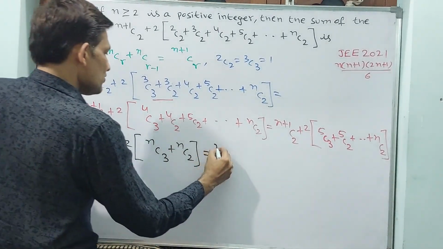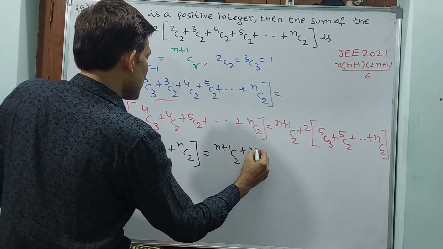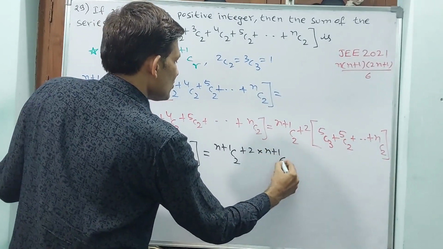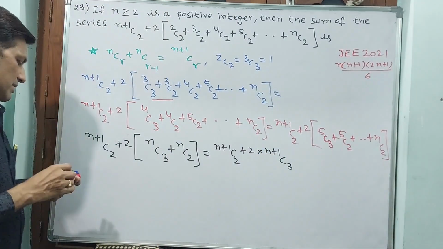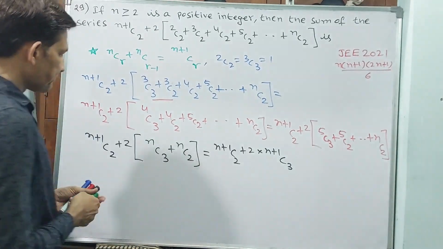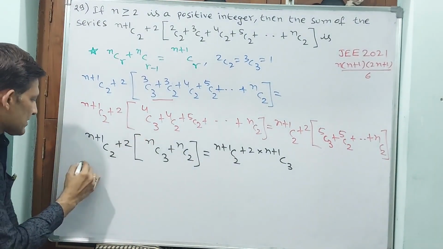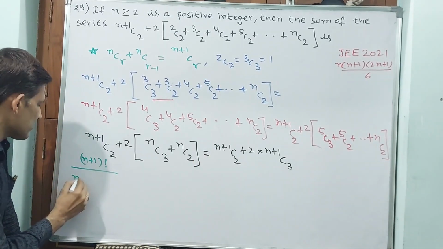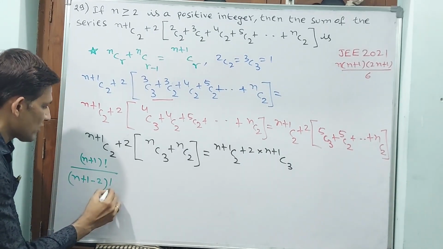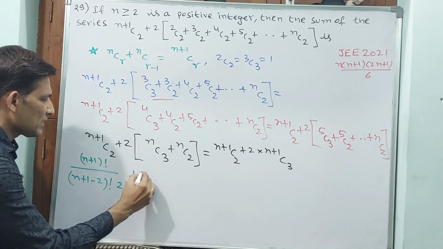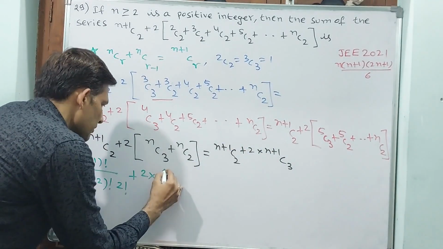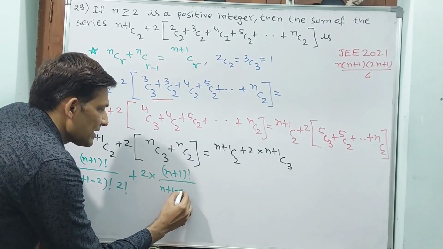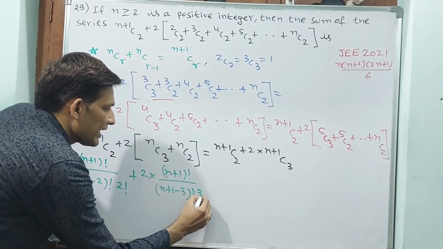That is equal to (n+1)C2 plus 2 times, again, (n+1)C3. Now expand this: (n+1) factorial divided by (n+1-2) factorial times 2 factorial, plus 2 into (n+1) factorial by (n+1-3) factorial times 3 factorial.